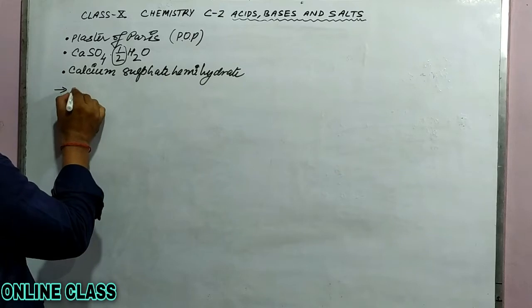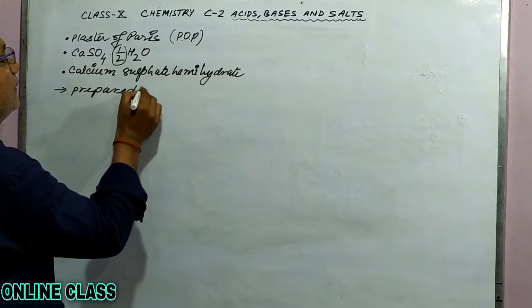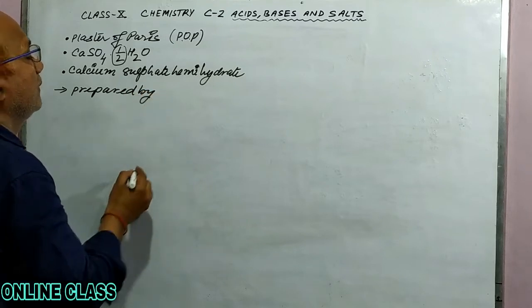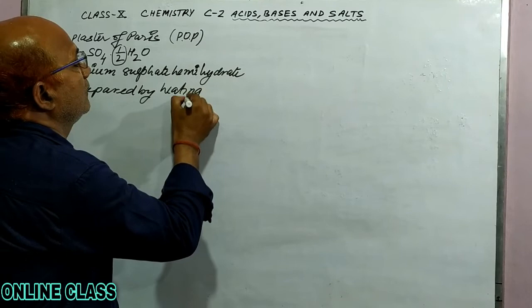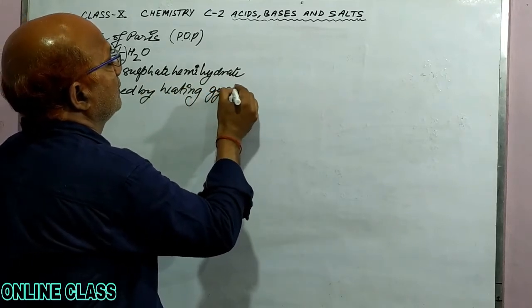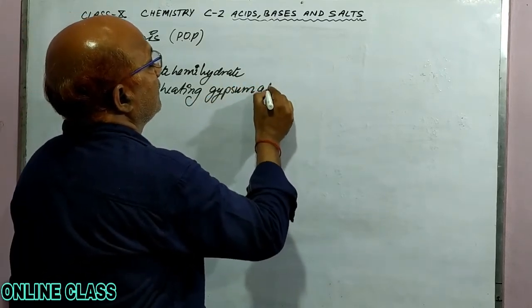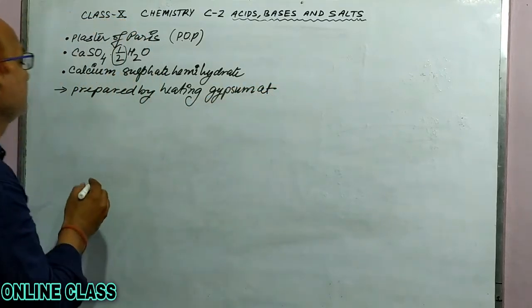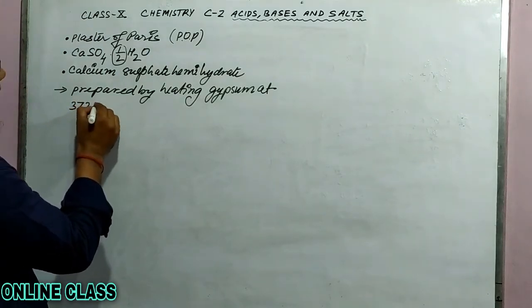So, it is prepared by heating gypsum at 373 Kelvin.